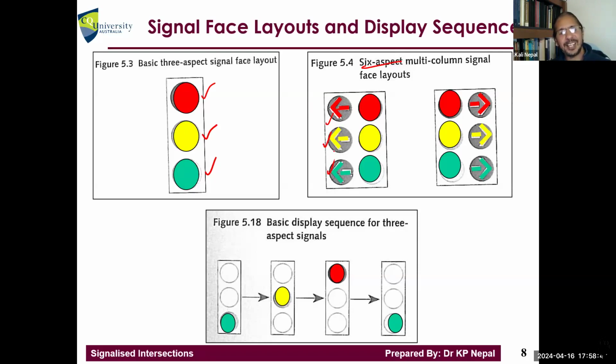We used to have yellow in between as well, like four aspects, yeah, not 3, 4. But we removed that. That's unnecessary. Really, the objective of providing yellow here is for people getting ready to go. Some people are in too much of a hurry to go. That's why we try to minimize that. This is just, you need to prepare to stop or clear the intersection. Yeah, that is essential.